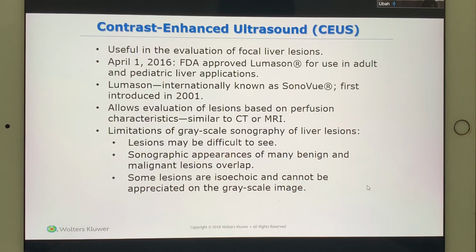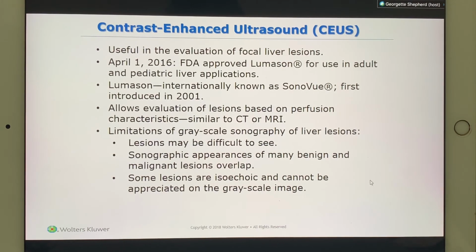With contrast enhanced ultrasound, is the contrast placed inside the vessel or directly in the tissue? Yeah, they inject it into the bloodstream. And with real time, it almost looks like an angiogram where you can document the blood flow into the lesion.